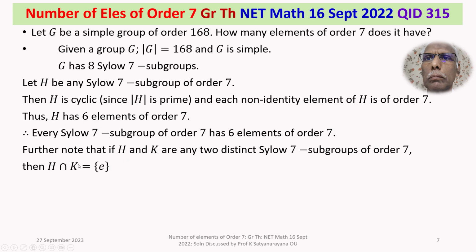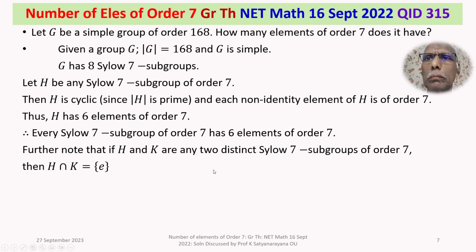Therefore, order of H intersection K is either 1 or 7. If the order of H intersection K is 7, then H intersection K is equal to H is equal to K. That means H and K are equal, but they are distinct. So that is not possible. Therefore, the order of H intersection K is 1. Therefore, H intersection K is just the identity element alone.